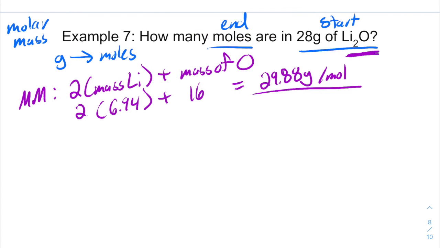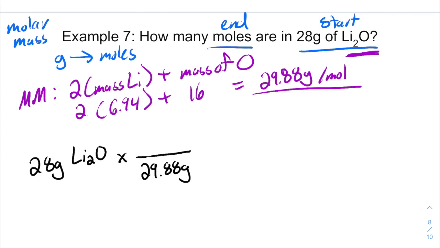So I'm going to start with 28 grams of Li2O. We're going to use our conversion factor, which is here our molar mass. I'm going to put 29.88 grams of Li2O on the bottom and 1 mole of Li2O on the top.